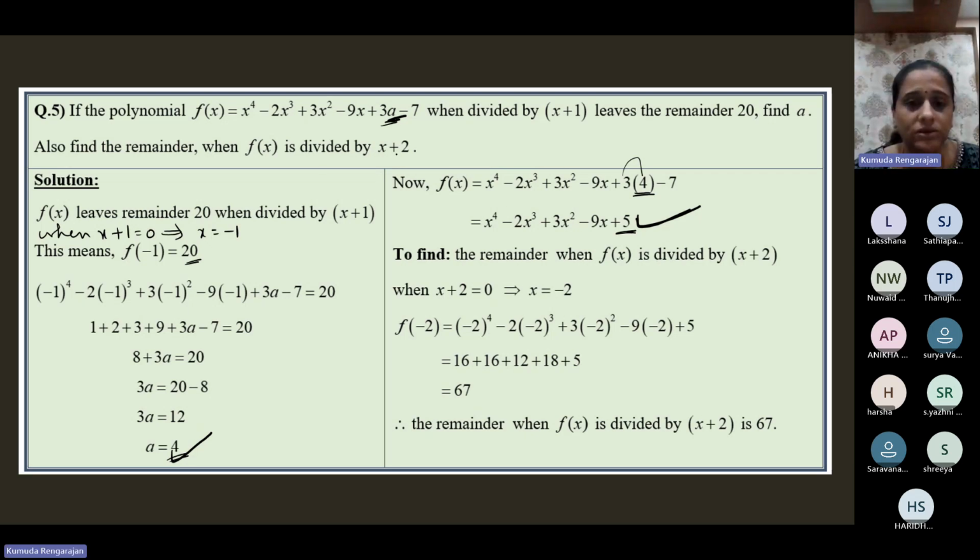Now you should find the remainder when you divide f of x by x plus 2. So again, x plus 2 is 0, x is equal to minus 2. So you have to find the value of the polynomial at x is equal to minus 2. When you find the value of the polynomial, that will be the remainder.